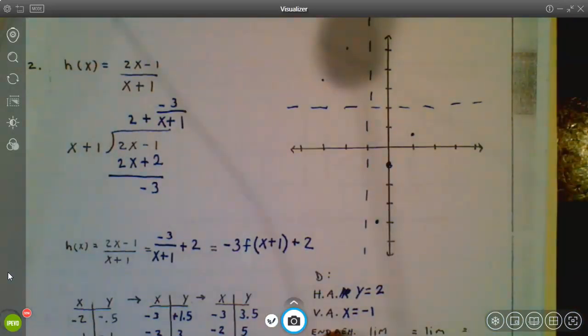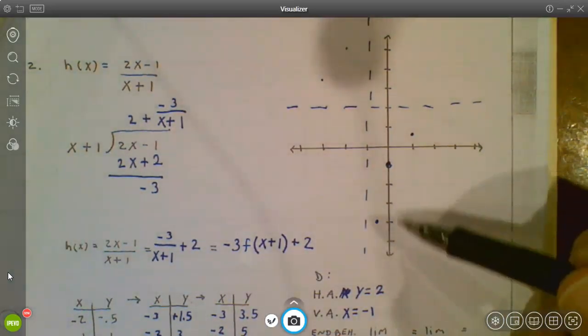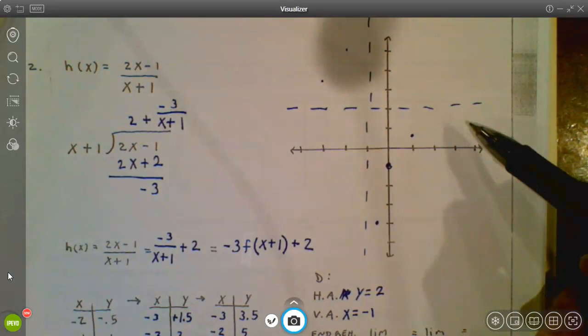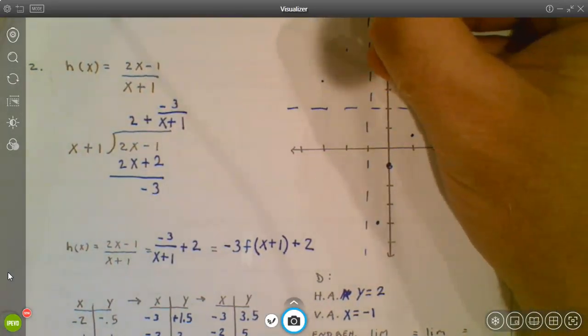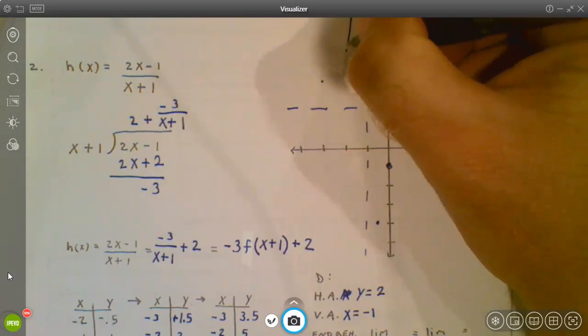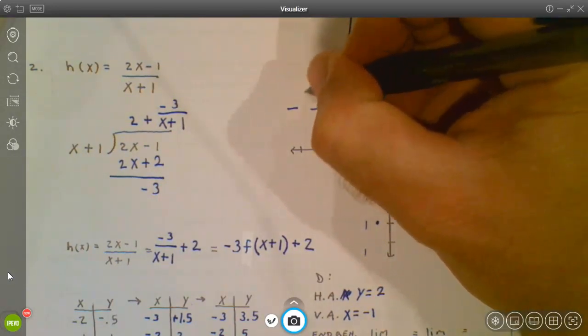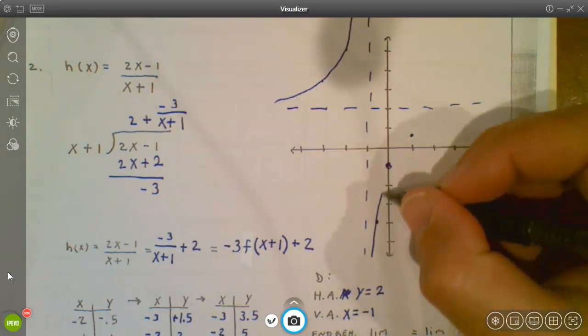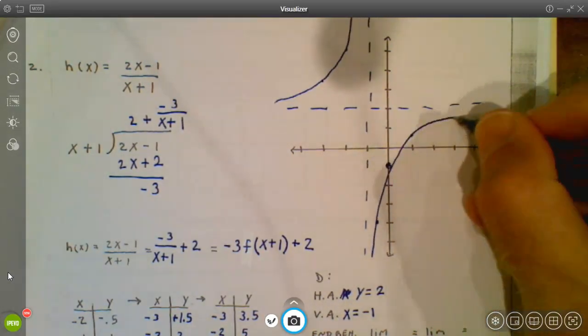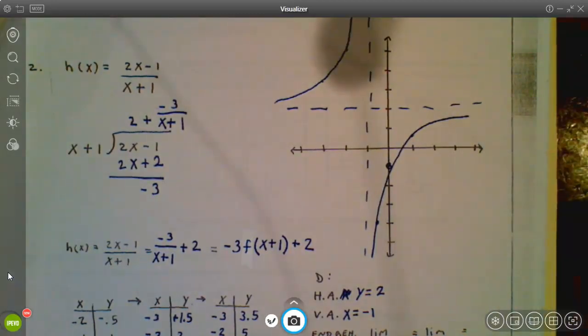So we'll do something like that. So now I can really clearly see where my curves are supposed to go through the points that I plotted. So I'm just going to line up right up into those dotted lines and right through the points that I plotted. And we get some pretty accurate graphs that way.